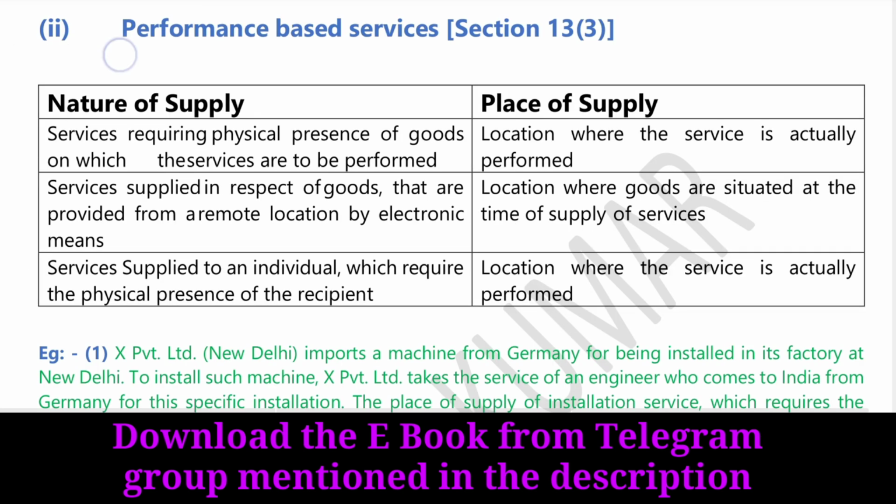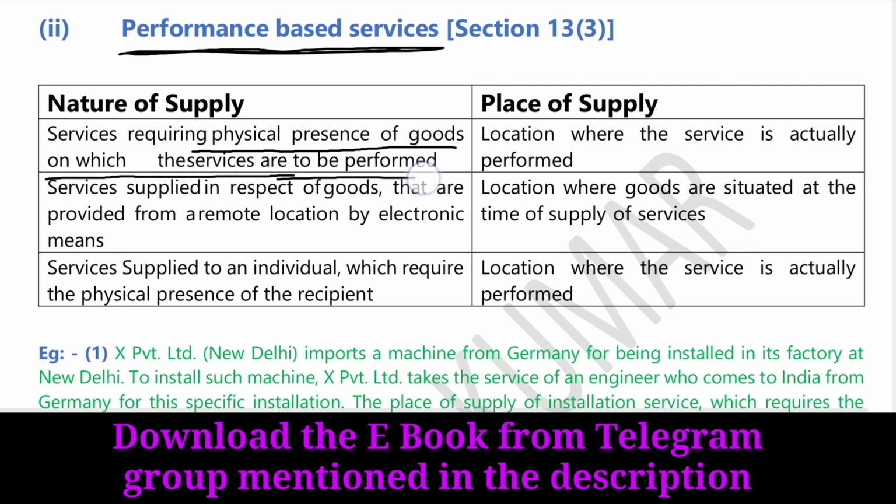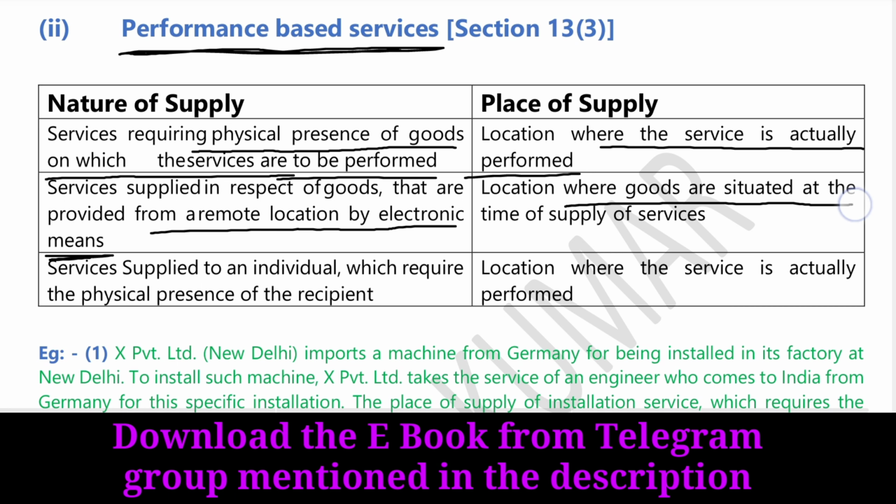In case of performance based services, in case of services requiring physical presence of goods on which the services are performed, in such case the place of supply will be the location where the service is actually performed. And services supplied in respect of goods that are provided to a remote location by electronic means, then the place of supply will be the location where the goods are situated at the time of supply of service.